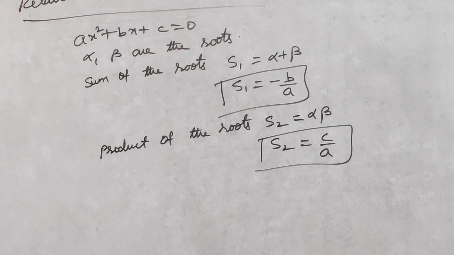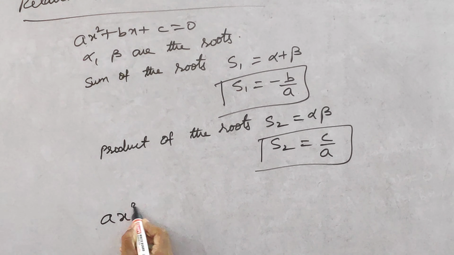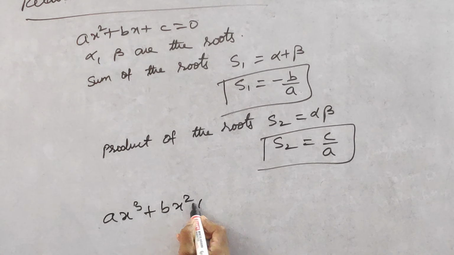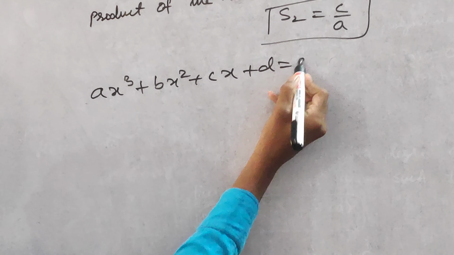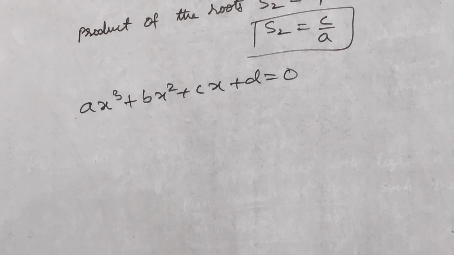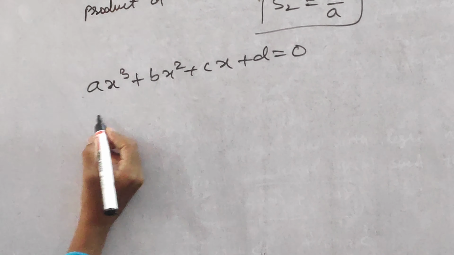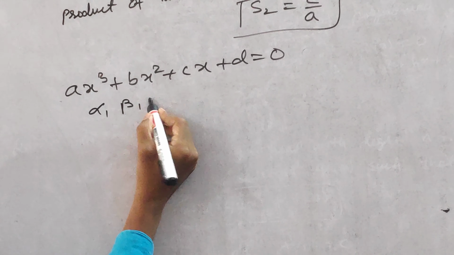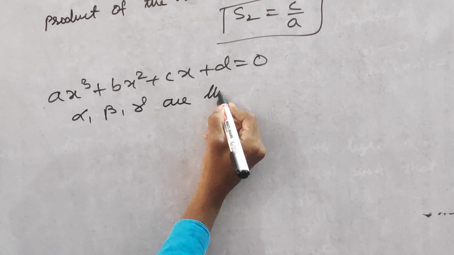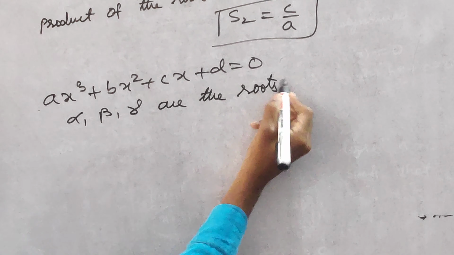Similarly, when we have a cubic equation, ax cube plus bx square plus cx plus d is equal to 0, what is the relation between the coefficients and roots? Alpha, beta, gamma are the roots; 3 roots because the degree is 3.